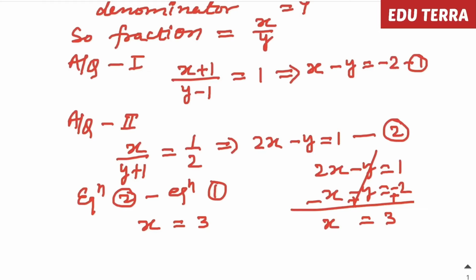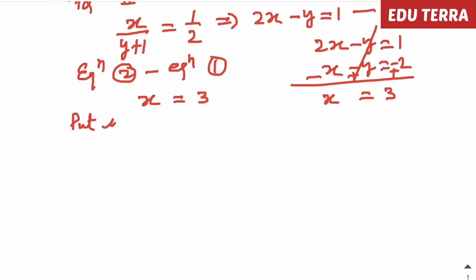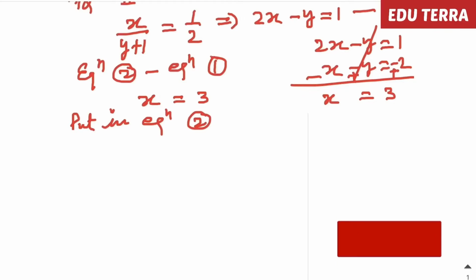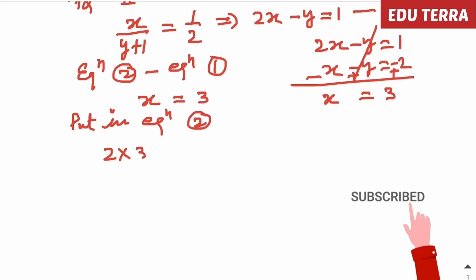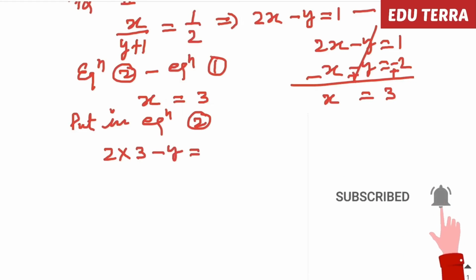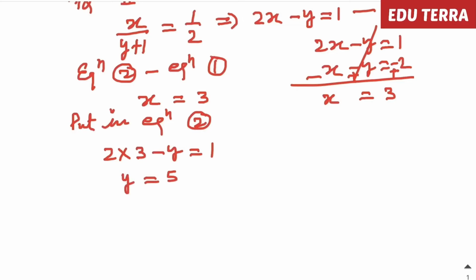Substitute in any one and you will get the value of y. Look here, put in equation 2. So 2 into 3 minus y equal to 1. So y equal to 5.